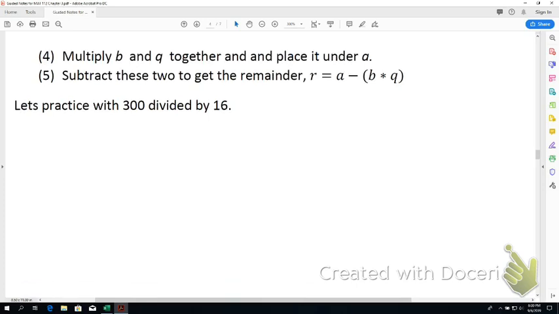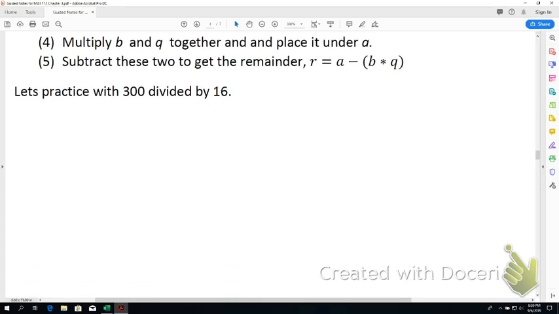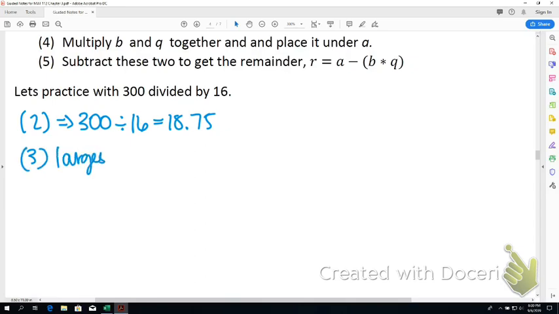Okay. So the second step that we had said that we do is 300 divided by 16, and this is 18.75. And you want to think, the largest number to the left of 18.75 is 18. Oh, let me write that 18.